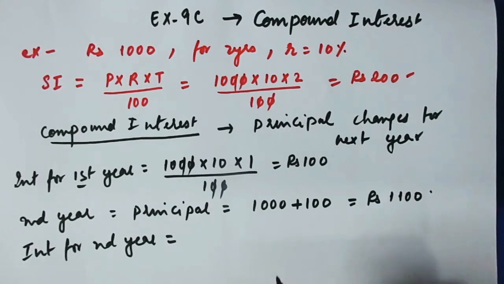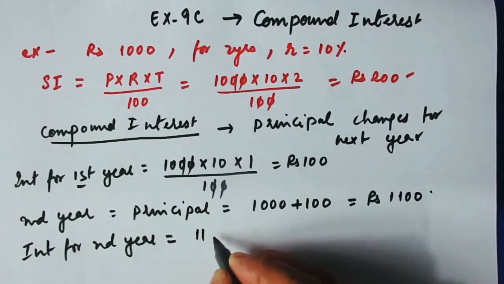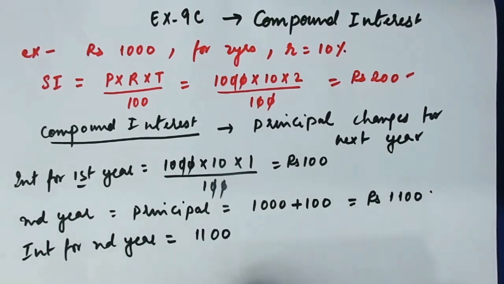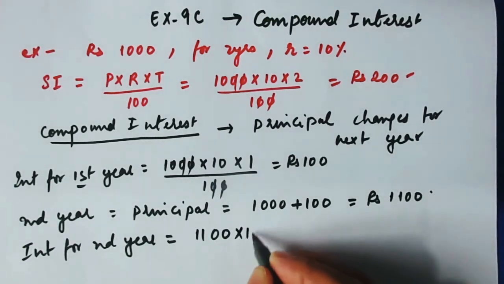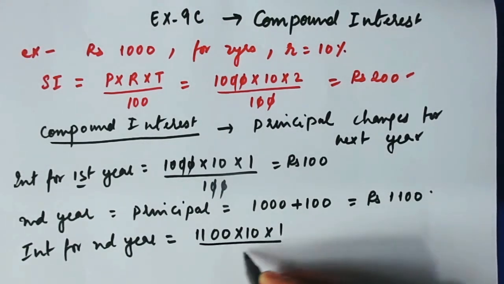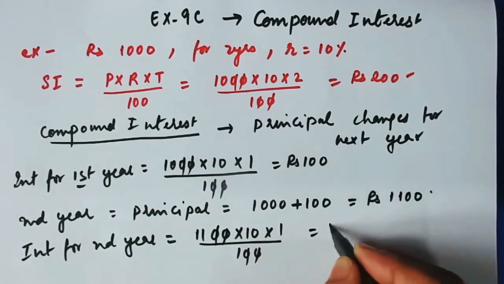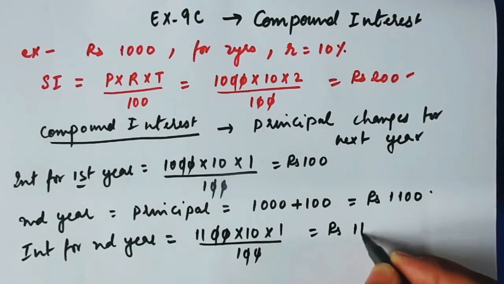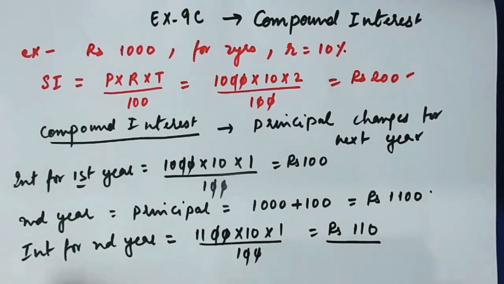Therefore the interest for the second year will be how much? So my dear, interest for the second year is equal to the same thing, PRT by 100. So 1100, this is the new principal, rate is 10%, time 1 year, by 100. What will you get? You will get rupees 110 as the interest for the second year. So you can find out your compound interest.